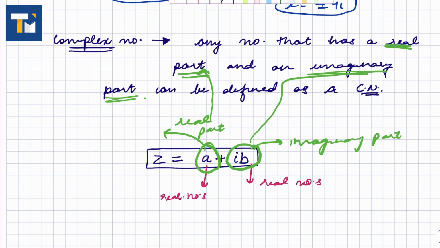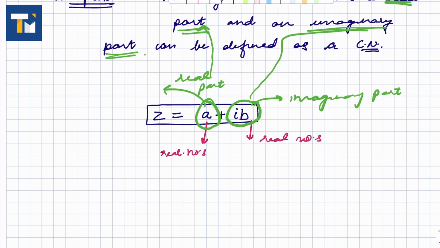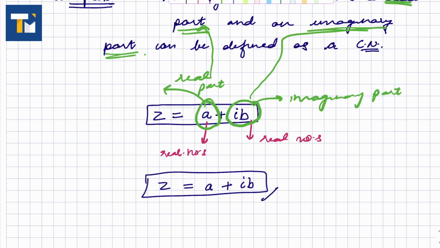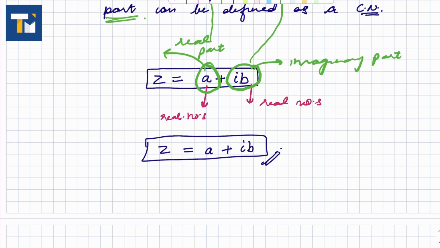So basically the combination of real and imaginary parts is our complex number, which can be written like this.